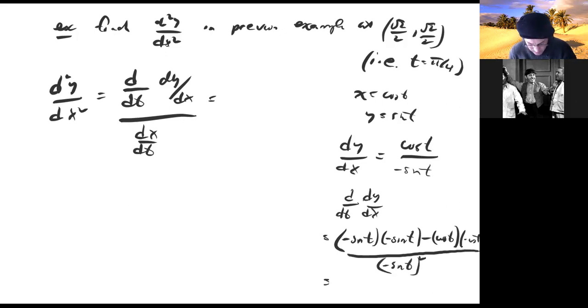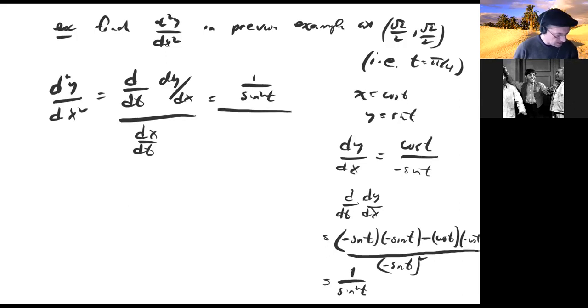So this becomes sine squared t plus cosine squared t over the sine squared of t. So it's 1 over the sine squared of t, if I've done this right. Okay, so that's the numerator of the second derivative. It's 1 over the sine squared of t, also known as the cosecant squared of t.